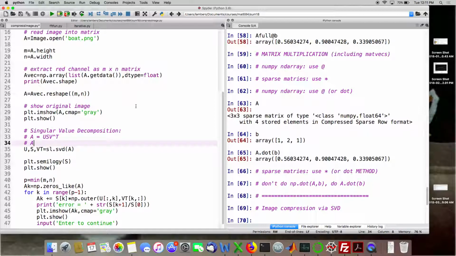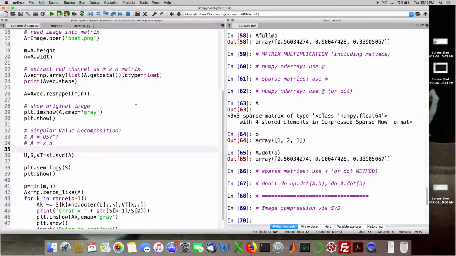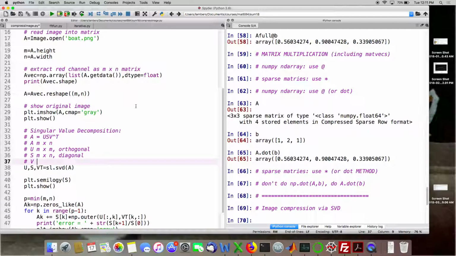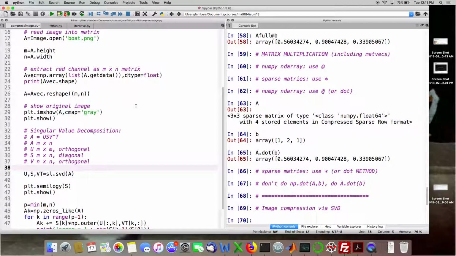A is m by n. U is m by m, a square matrix, and it's an orthogonal matrix. S is m by n, the same size as A, and is a diagonal matrix. V is n by n, also orthogonal.